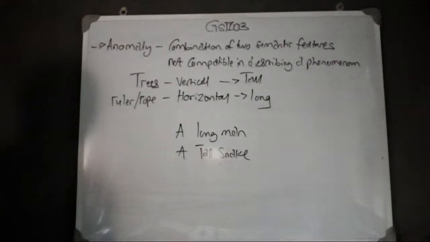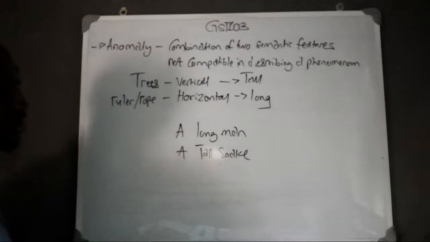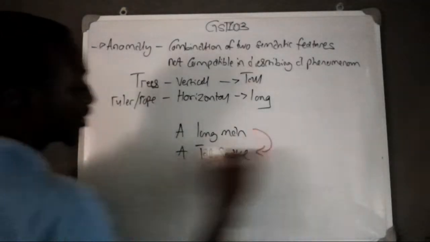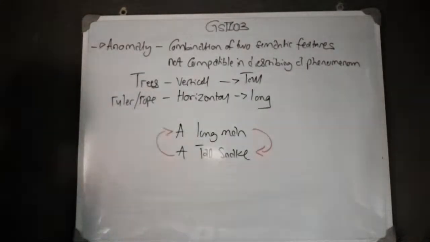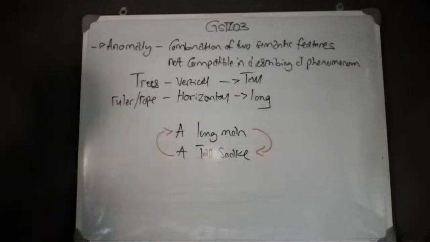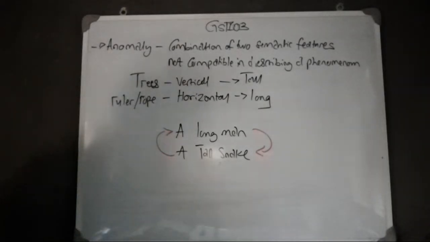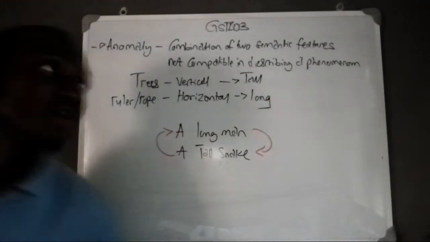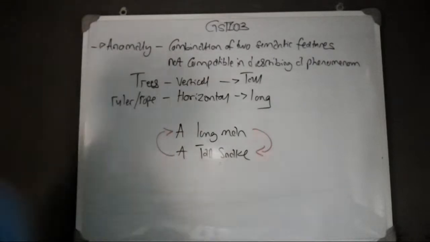The right thing is a snake is long and a man is tall. So that is how it is. But when you combine two semantic features that are not compatible, then we say you have committed an anomaly.